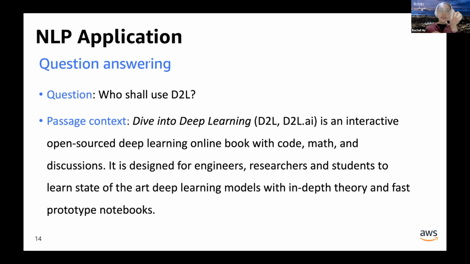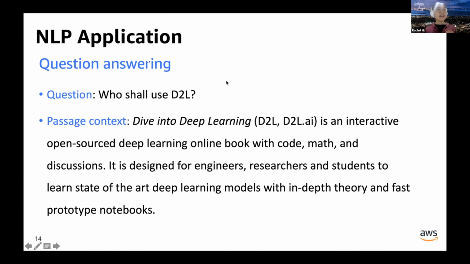One piece is a question, for example, who should use D2L? And another piece is a whole paragraph of passage. We call it the context. This context comes in, and our model is trying to extract a partial phrase or word tokens from our context to answer our question.